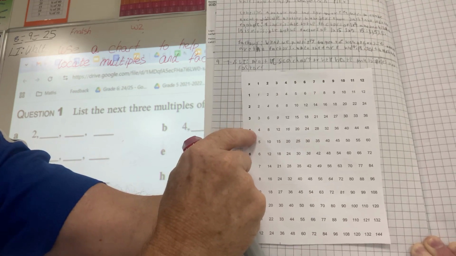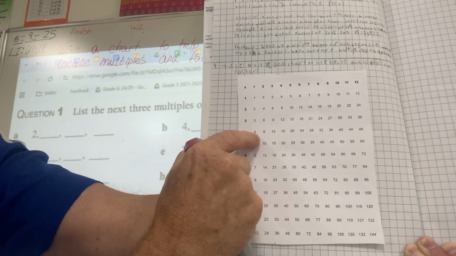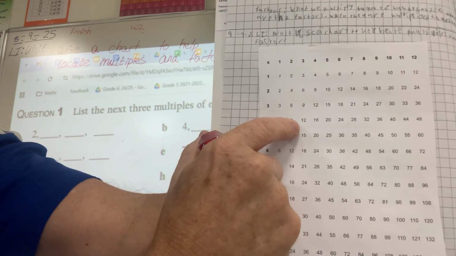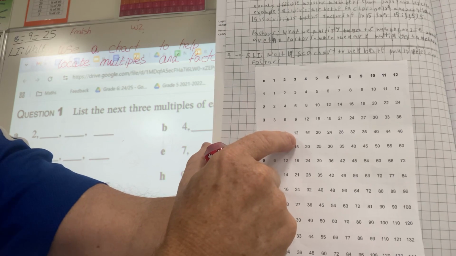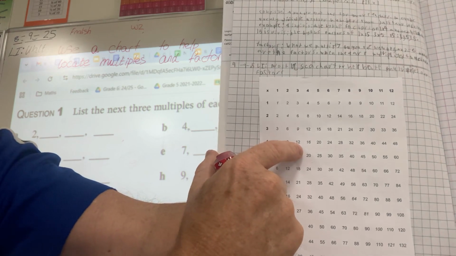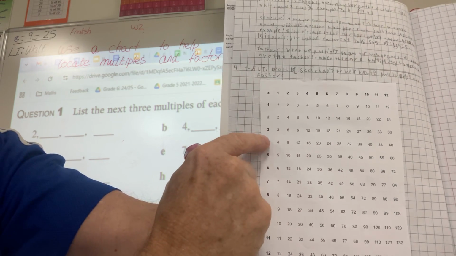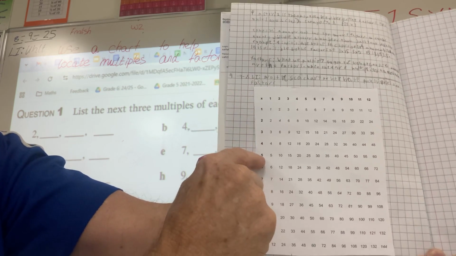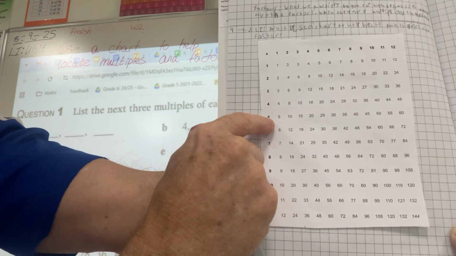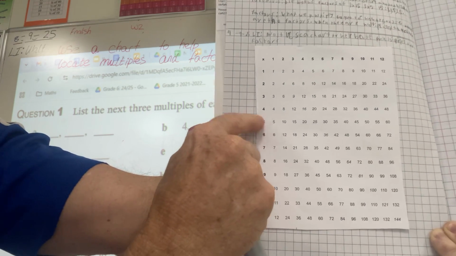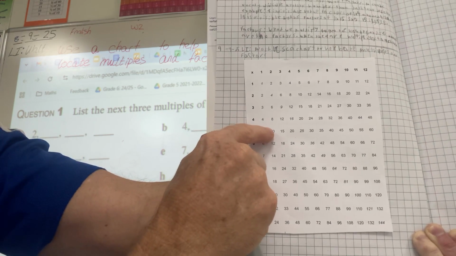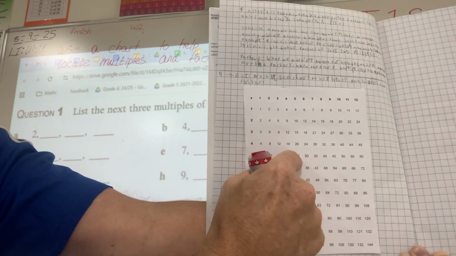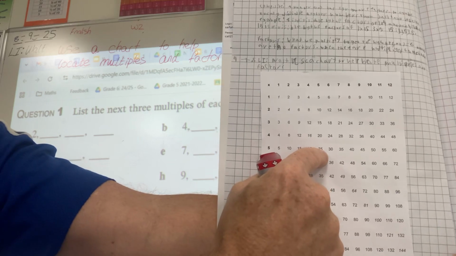Multiples of 4. My first multiple of 4 would be 4, because 4 times 1. Second multiple of 4 would be 8, because 4 times 2. 4 times 3. And if I wanted to know what 5 times 5 is, which we all know is 25, I get the 5 here, and I go across, and I've got the 5 up here, and I come down until they meet, right here, 25.